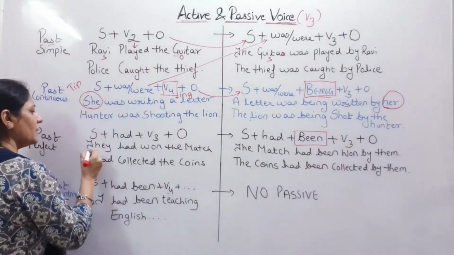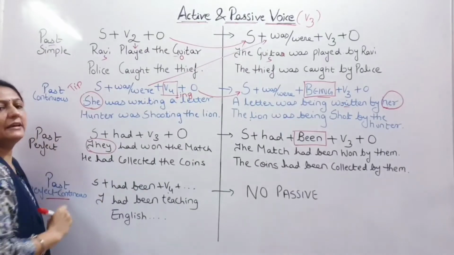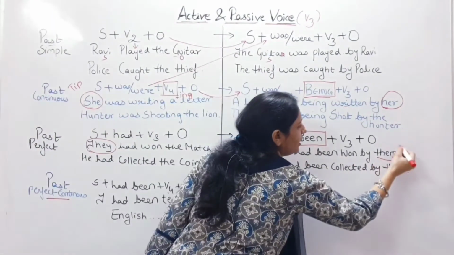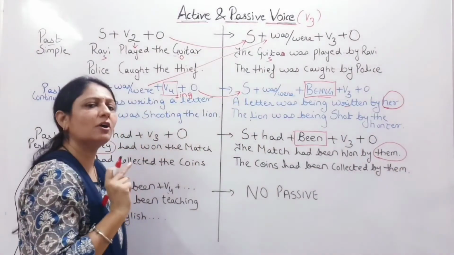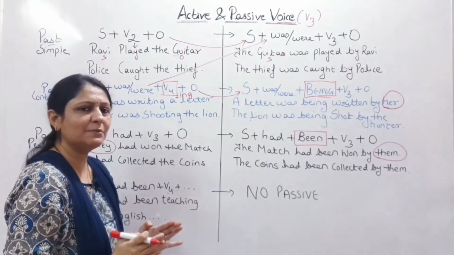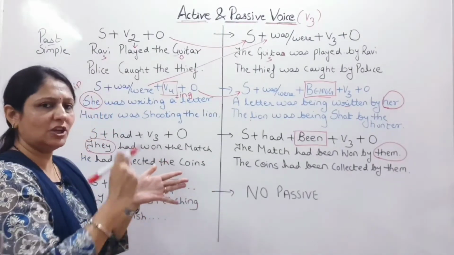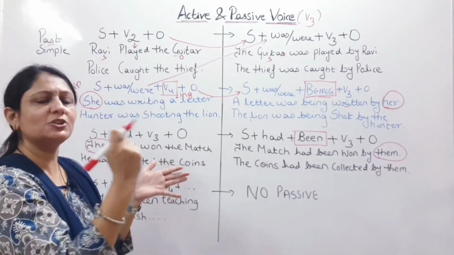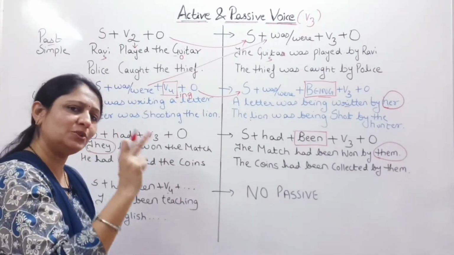अब यहाँ पे भी आप देख सकते हो they is the subject pronoun and they always change into them when it is used in the object place. ये pronoun change के rule है which are very simple. Everyone knows. He changes into him, she changes into her, they changes into them, and I change into me.